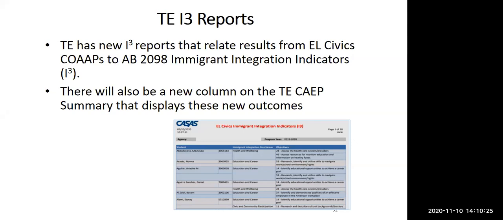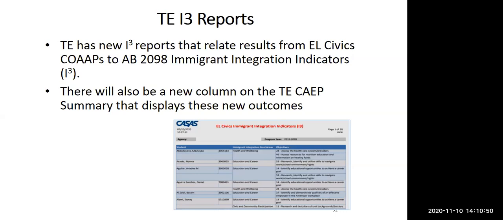So the reports in TE, you can see by the screenshot, are a lot like those CASAS competency and content standard reports, where it's just making a basic instructional proficiency statement. The competency report would just state that CASAS competency. In these I3 reports, it's stating that EL Civics COAP instead of CASAS competency.